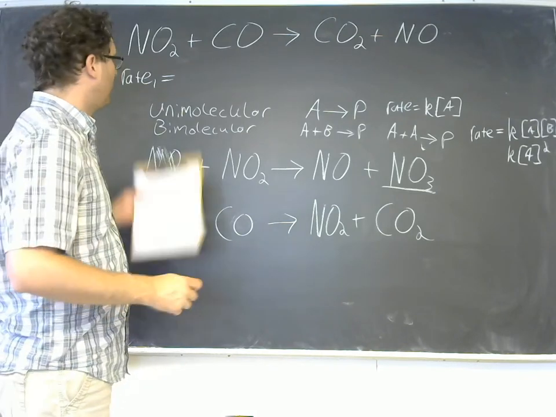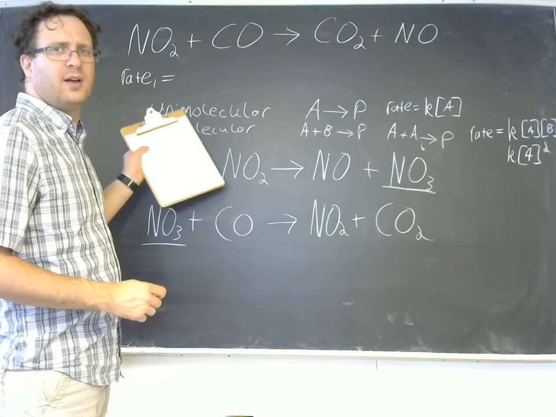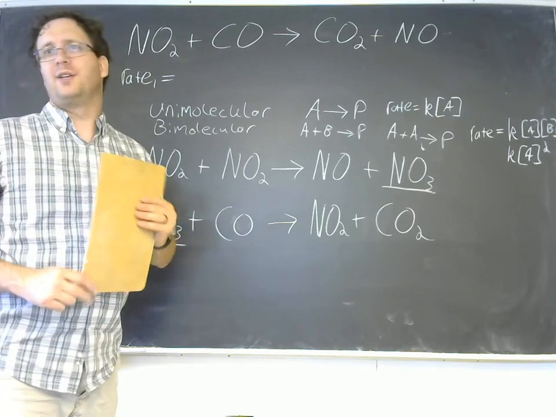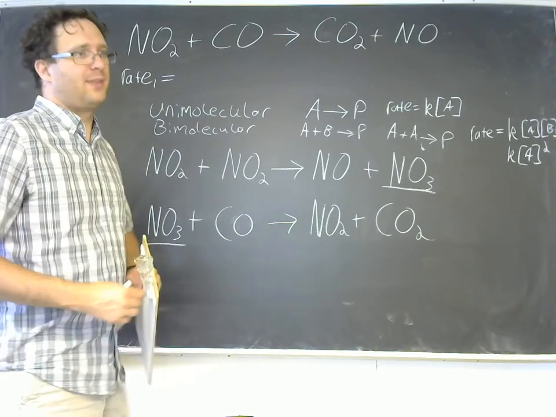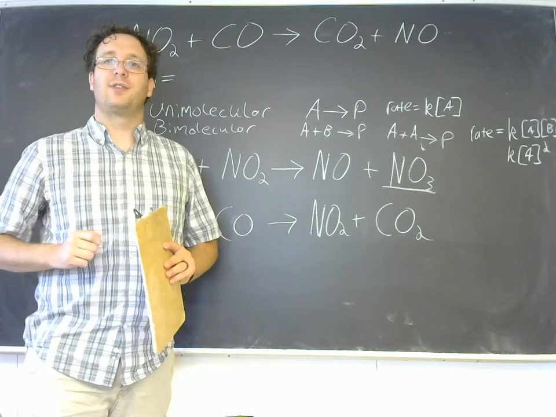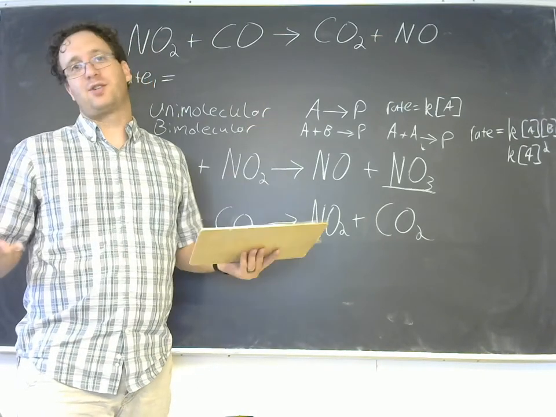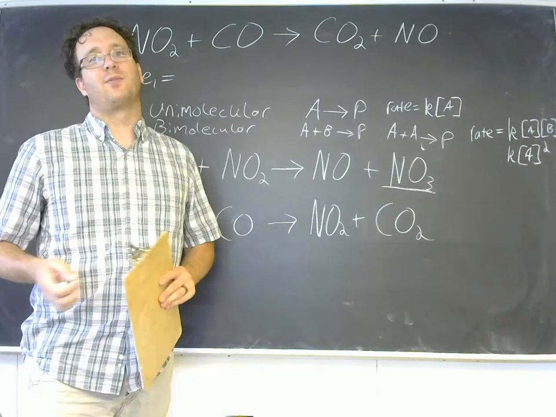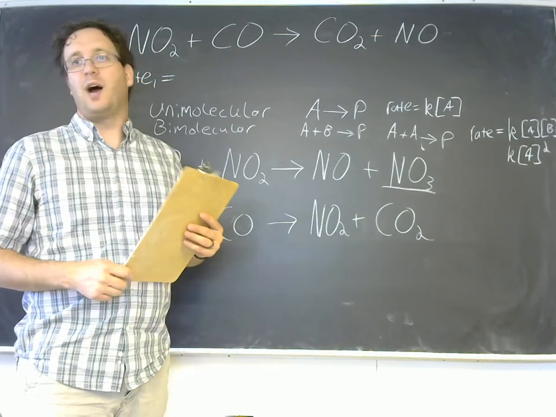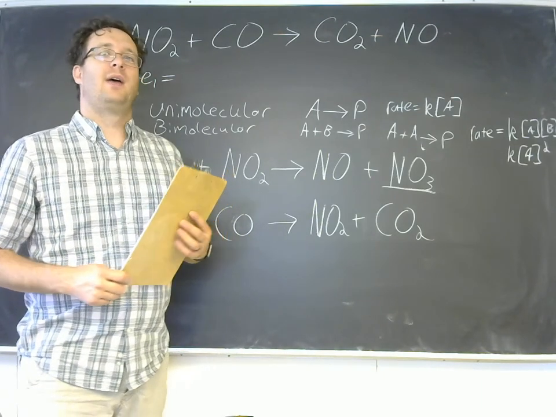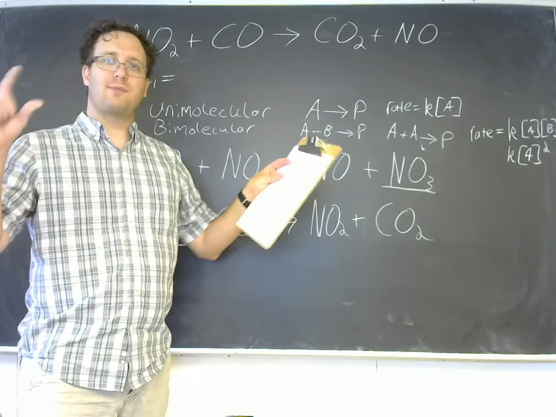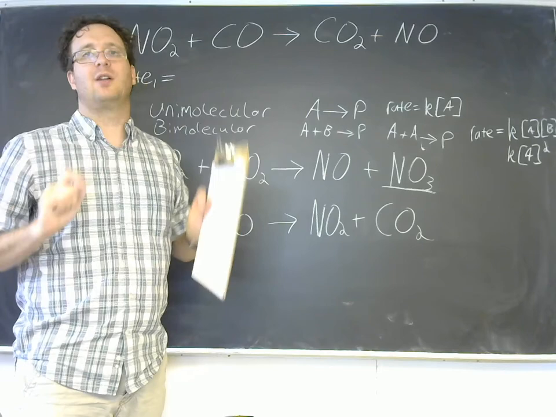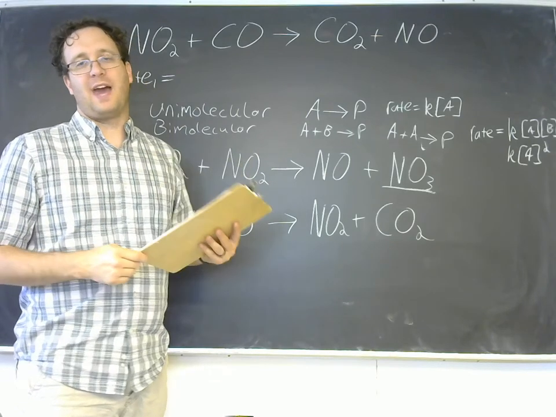You might say, do we have other levels of molecularity? Do we have trimolecular elementary steps? And the answer is kind of. So there are some very special, exotic examples of where you see a trimolecular elementary step. Generally speaking, the probability of having three molecules simultaneously collide and come together is vanishingly small.